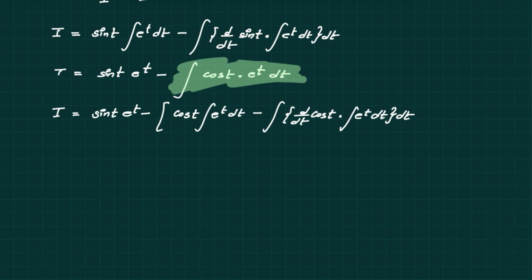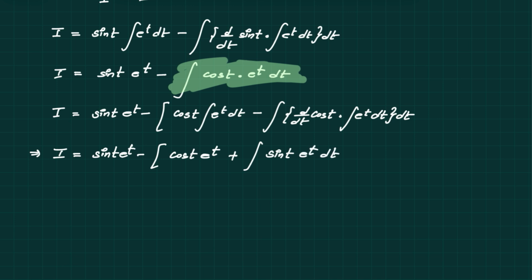So this is my I. So my integral I equals sine t e to the power t minus cos t times the integral of e to the power t, which is e to the power t, minus, now d/dt of cos t is minus sine t, so that minus and this minus give plus, integration of sine t into the integral of e to the power t, which is e to the power t dt.